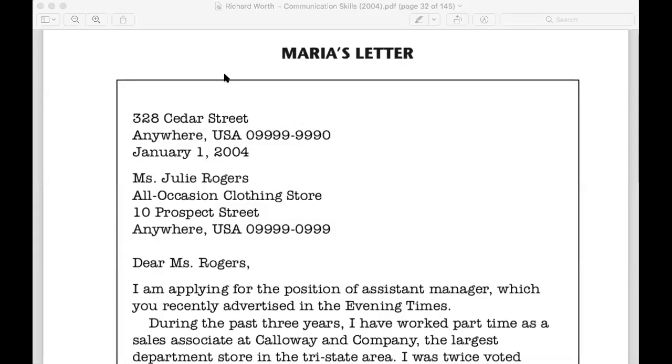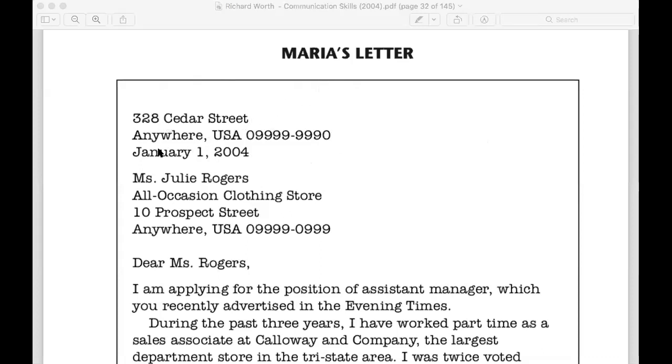Okay, as a matter of format, you would see that it should be in this corner. You cannot write your address from here to here. You cannot put your address in the center. It has to be on the left, so the whole of it would be on the left side.